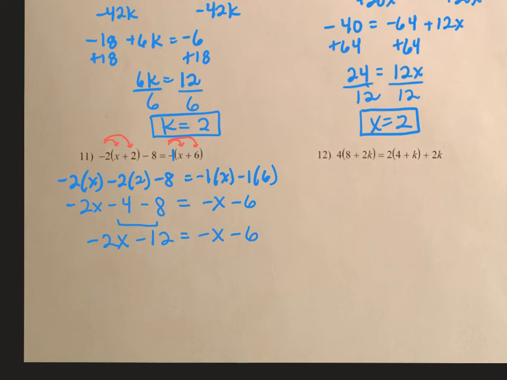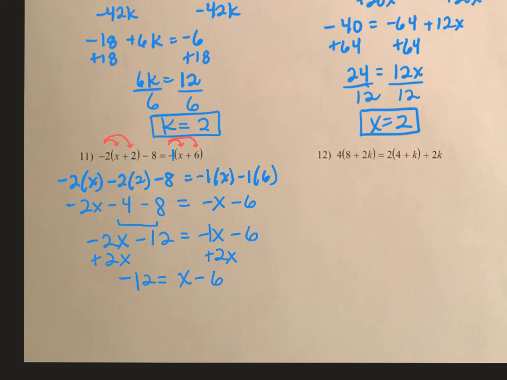Remember, negative 2 is smaller than negative 1, so add 2x to this side, add 2x to this side. I'm left with negative 12 equals, this is actually a negative 1x, so don't forget about that. Negative 1 plus 2 is a positive 1x minus 6.